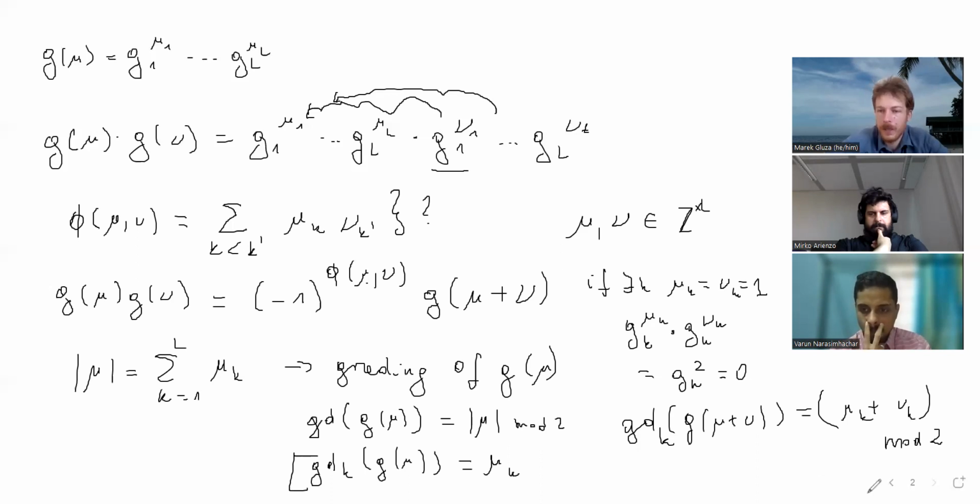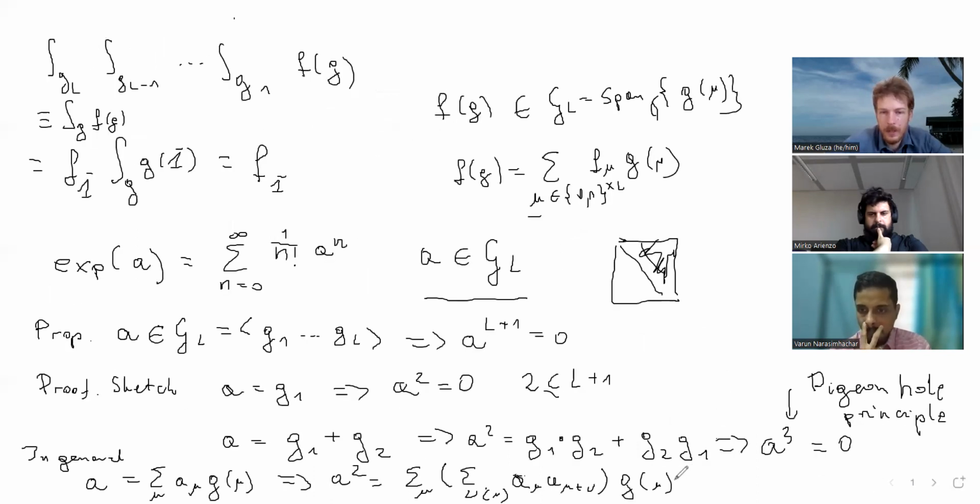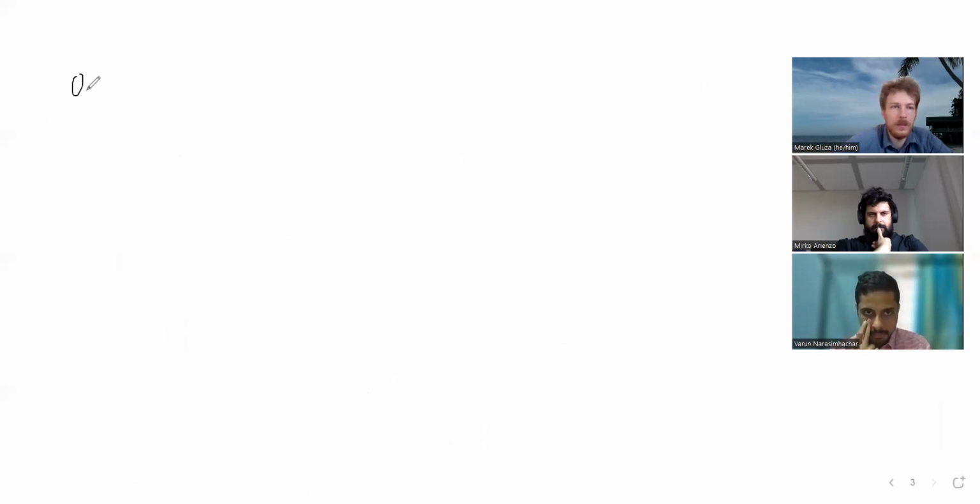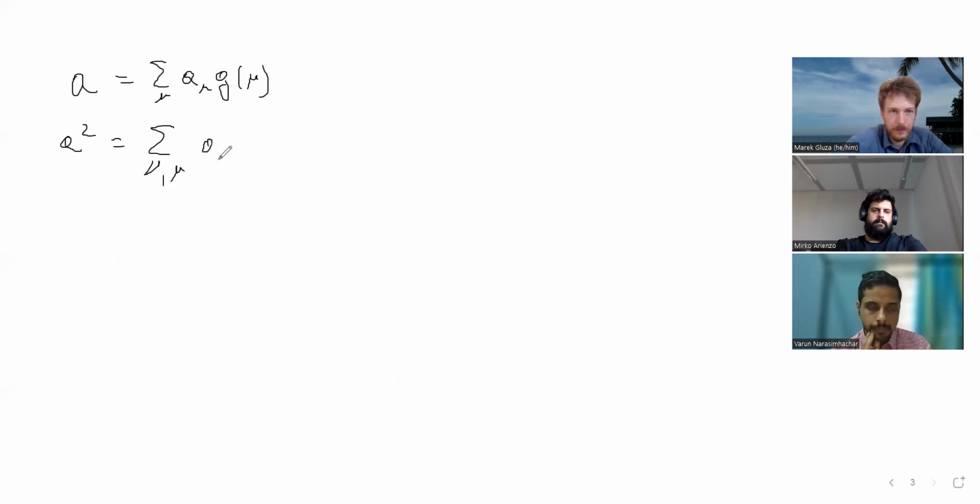Because okay, and now I can come back to this, and I was saying that basically we start multiplying them. So let me go to a new place. I have any expression in the Grassmann algebra, a is a summation over mu of a mu G of mu, and now a squared is a summation over mu, nu of a mu a nu G mu G nu.